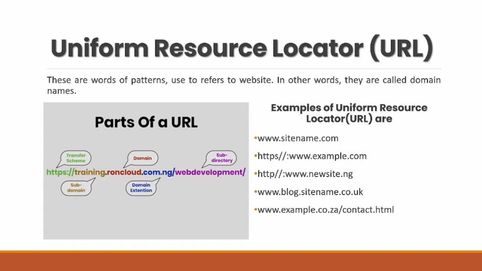An example is WordPress. When you are using a free WordPress account, your first time building a website with WordPress, they give you a certain code or a phrase, then they will say .wordpress.com.